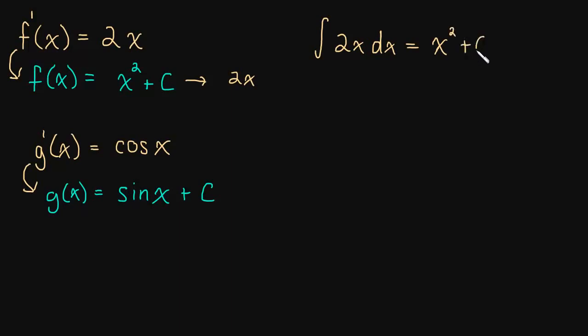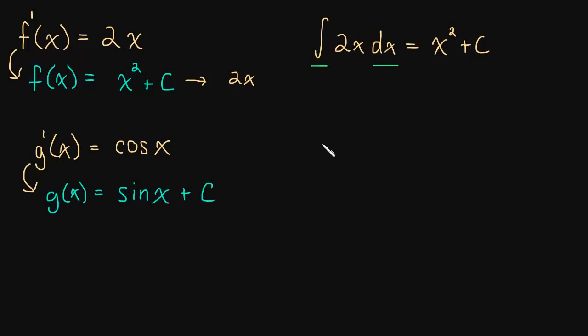This is the integral symbol, and we sandwich the function between the integral symbol and this dx. So the integral of 2x with respect to x is equal to x squared plus c, or the antiderivative of 2x with respect to x is x squared plus c.